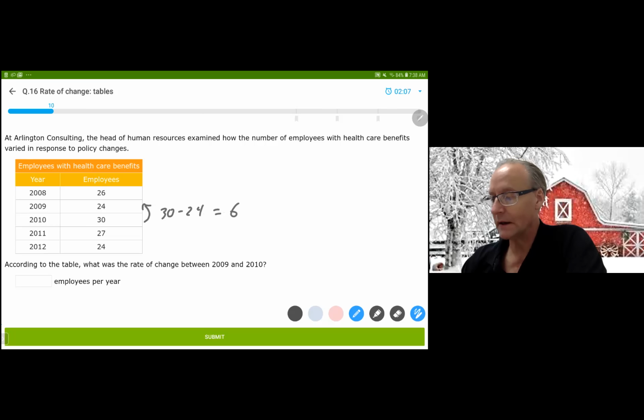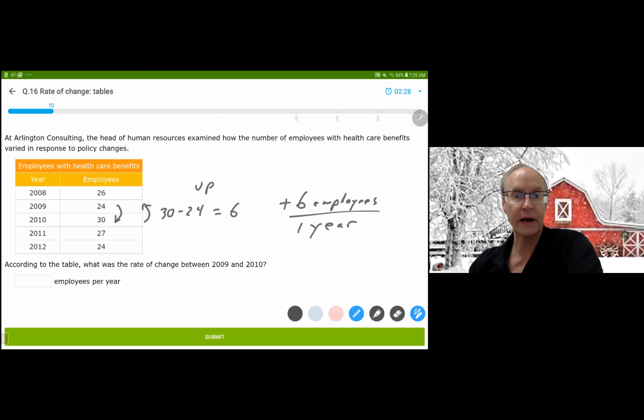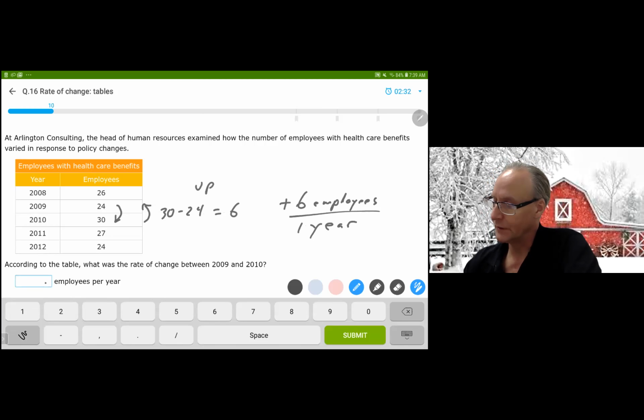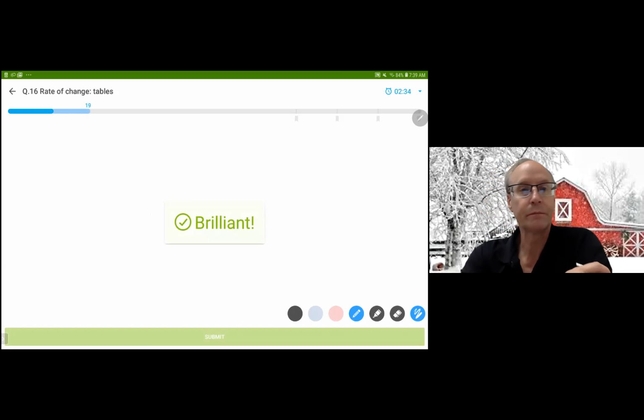Another way to think of it is that it went up 6 from 2009 to 2010. Yeah, it went up 6 employees. Up 6 employees over a period of 1 year. In this particular case, I did it without actually writing the points. You could have written the points like I did before, though. And that is positive 6 employees per year.